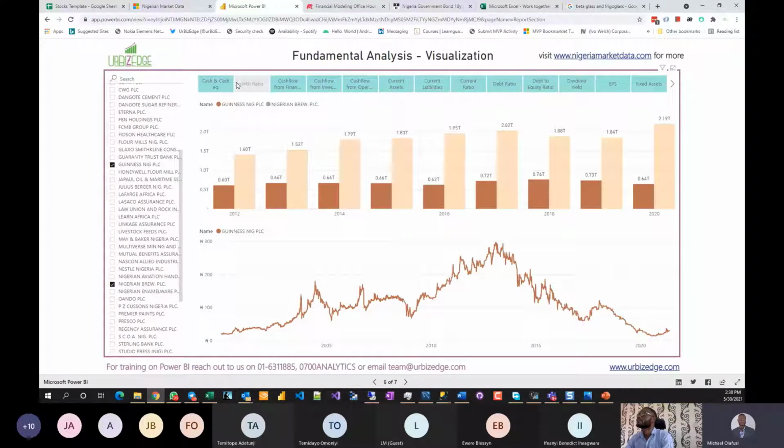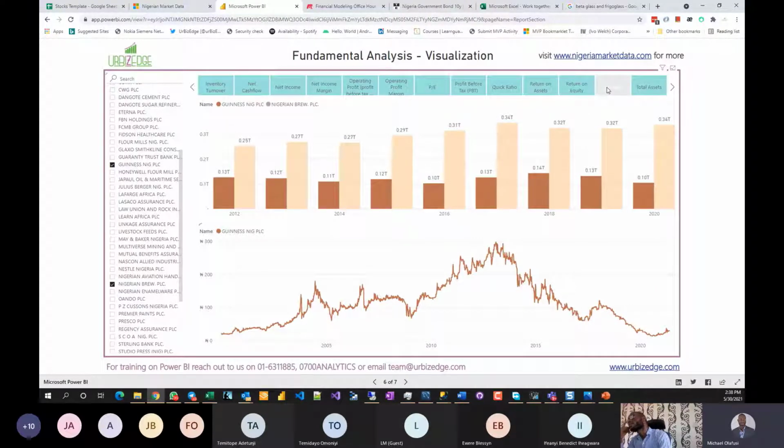How come I'm not seeing revenue? Fixed asset, dividend yield, current assets, gross profit. Okay, I think I need to click a lot more. Operating profit, price to earning. Okay, it's in alphabetical order.